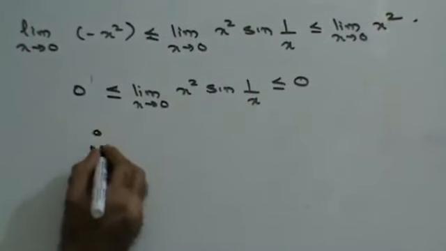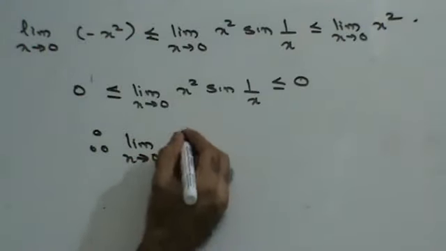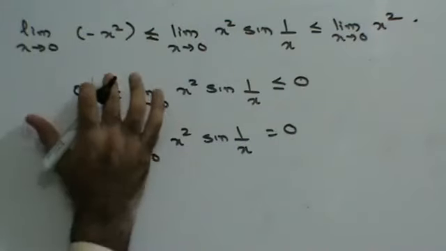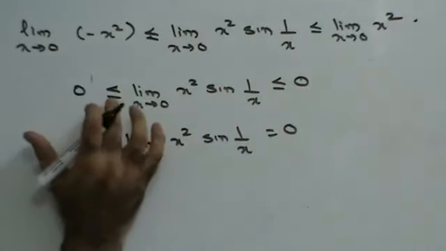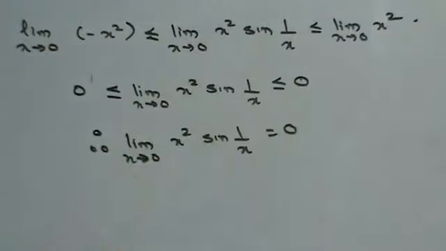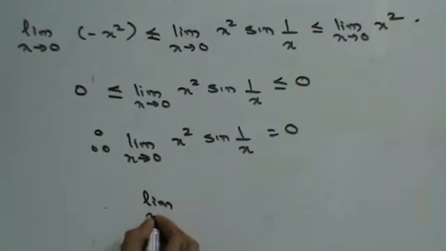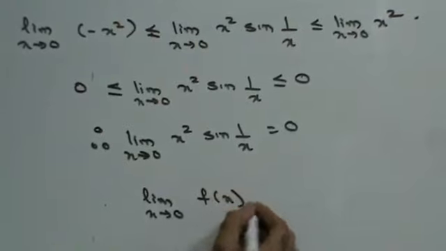That means I can therefore say limit of x tends to 0, x square sine 1 upon x is equal to 0. The number cannot simultaneously be greater than 0 and less than 0. The only possible alternative for this equation to be true is when it is equal to 0. Right? So, limit of x tends to 0, x square sine 1 upon x is nothing but f of x is 0.